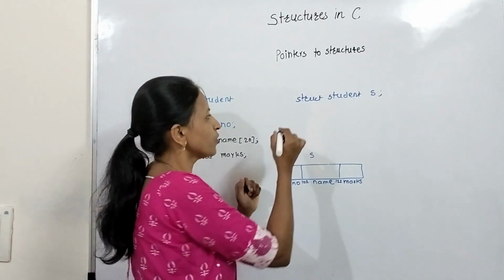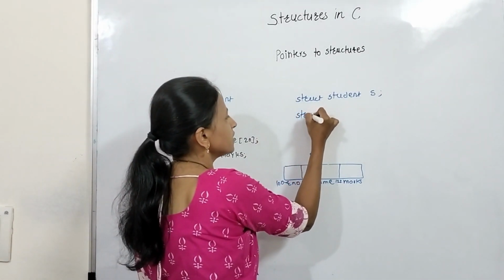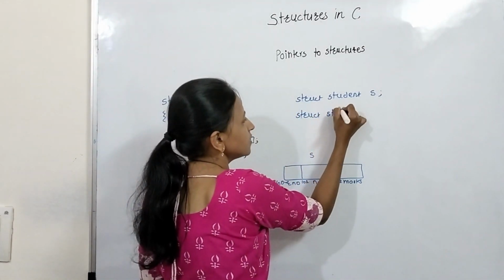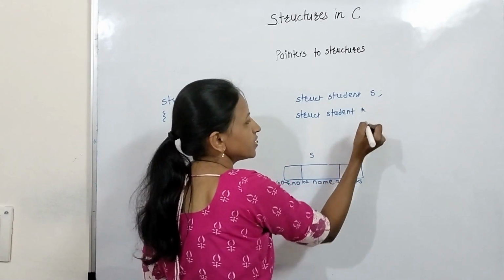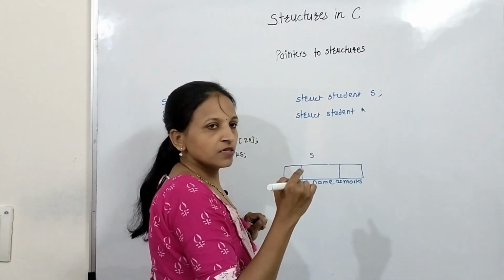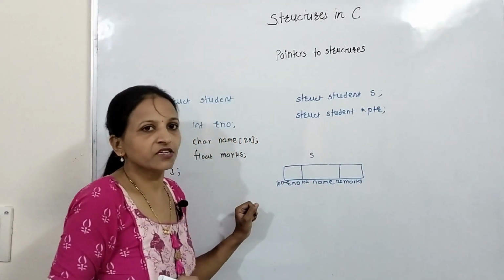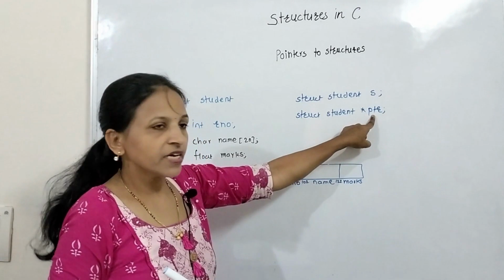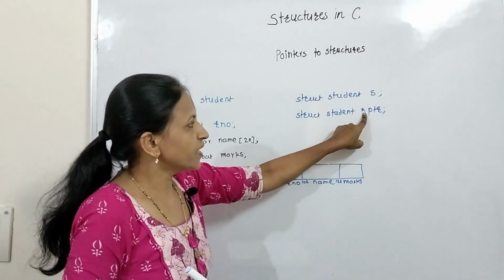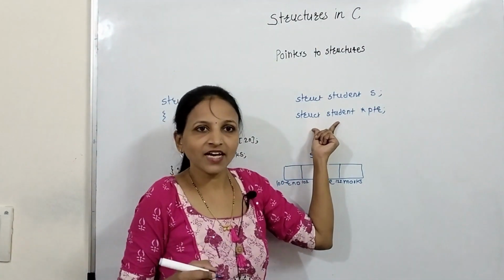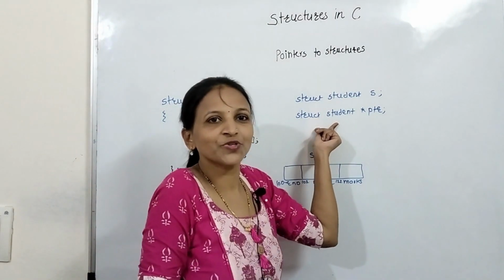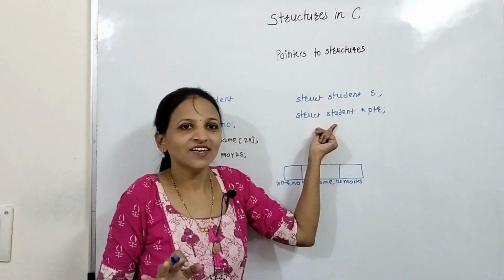How to create that pointer is simple: struct student, then for creation of a pointer we use this star, and let ptr be the name of that pointer variable. Now see, ptr is a pointer variable; it can hold the address of any other variable of type struct student. This is the concept only.